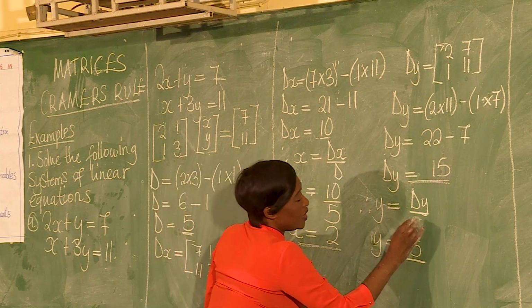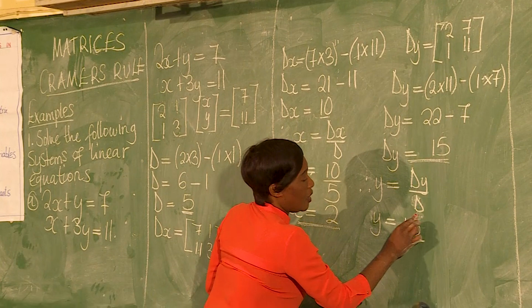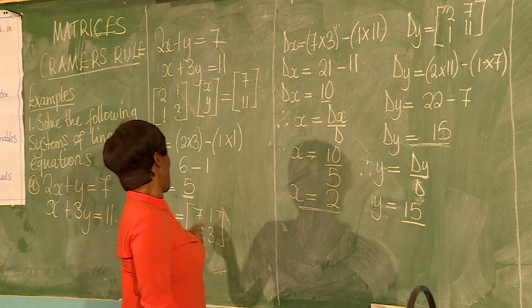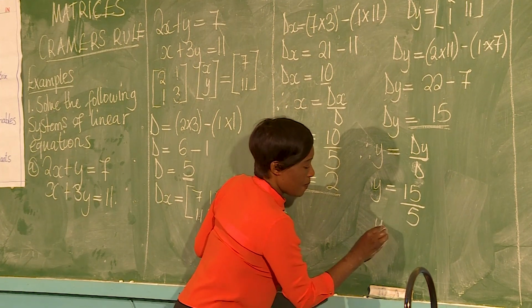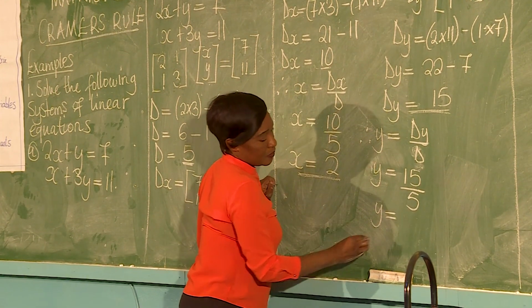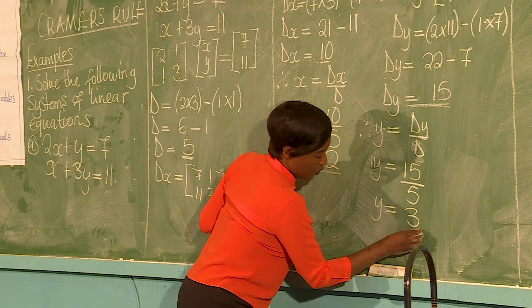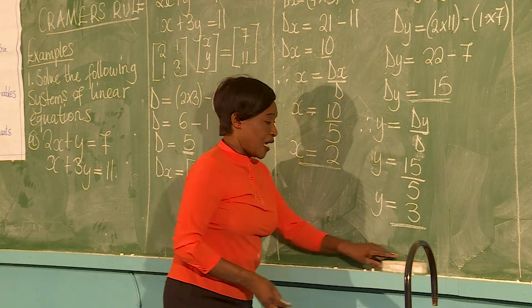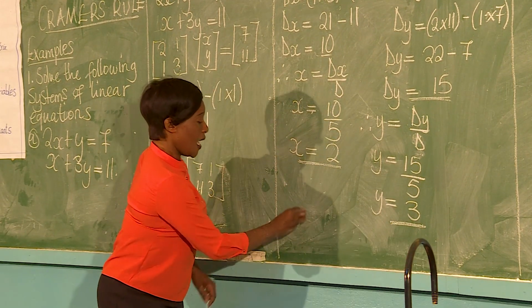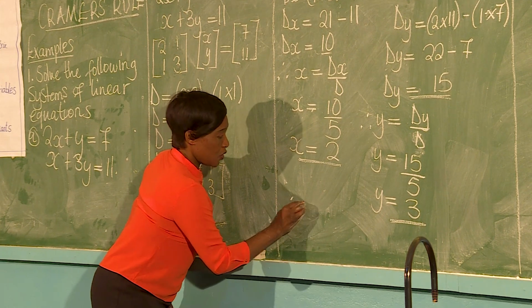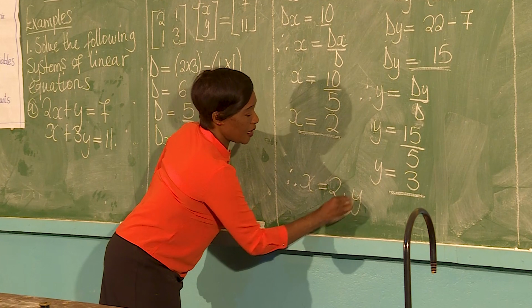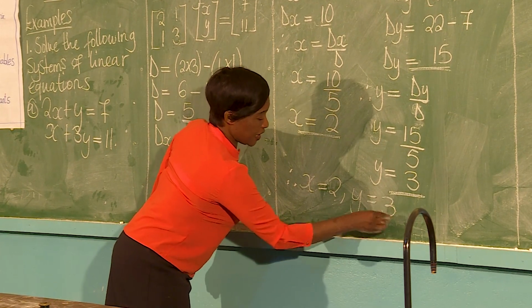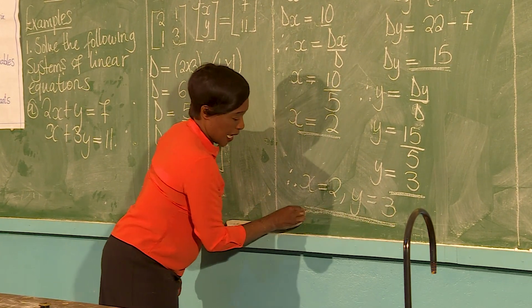What is our main determinant? 5. So let's divide there. What is our y? 3. Y is equal to 3. So now you make your conclusion and you say, therefore, your x is equal to 2 and your y is equal to 3. This is our answer.